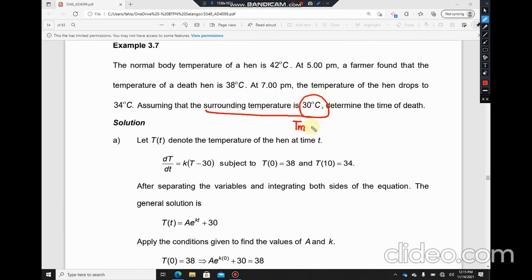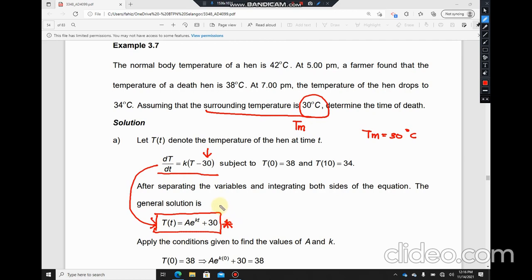So this one is your Tm. Tm equals 30 degrees Celsius. So boleh masukkan dalam equation kat sini, T minus Tm, and then you will get this mathematical equation. Macam saya cerita tadi, biasanya awak tulis je step dari sini ke sini. Always write the steps of how to get this mathematical equation.